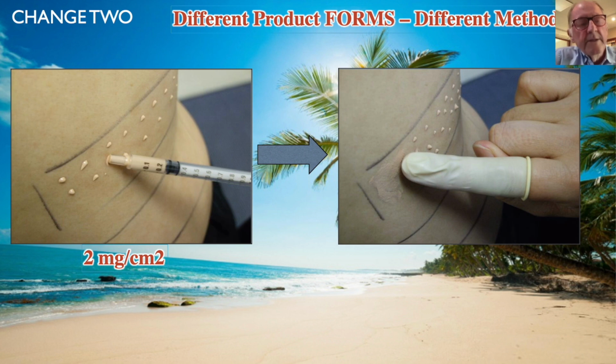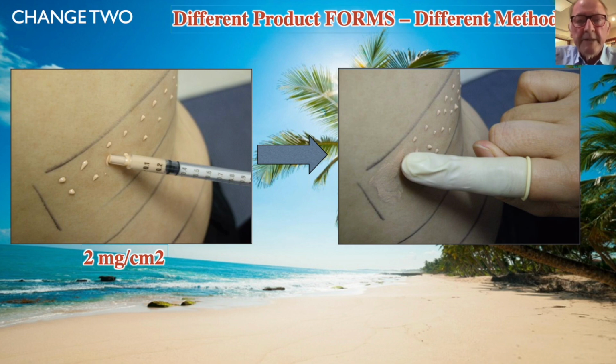The second change is to very specifically define how the product is applied. In the previous standard and in the US model, for example, there's a fairly vague description of how you apply and evenly spread the test product onto the volunteer's back.